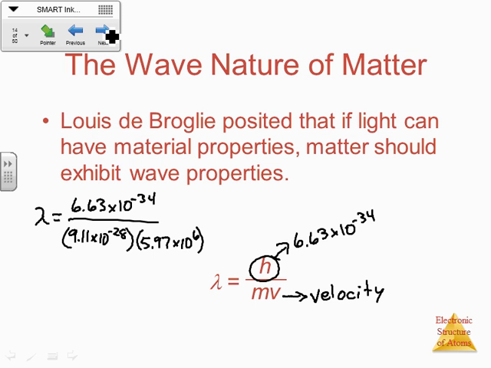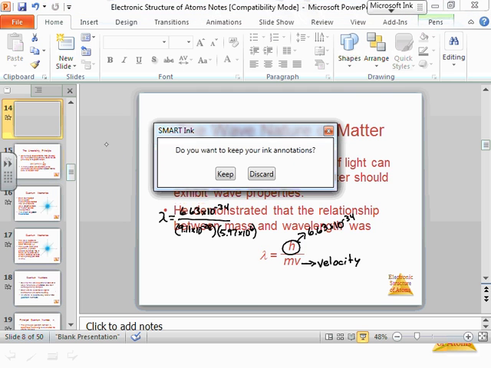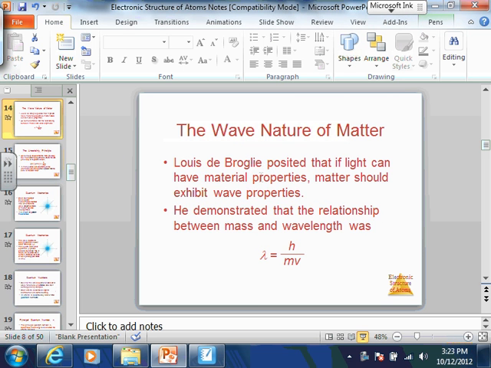I think the mass is supposed to be in grams here. Let's see. I'm going to have to look that one up to make sure. Hang on, I don't want to get the units wrong on you guys. It might be in kilograms. Let me pause it for just a second and look that up.